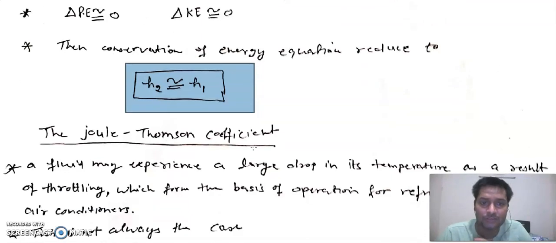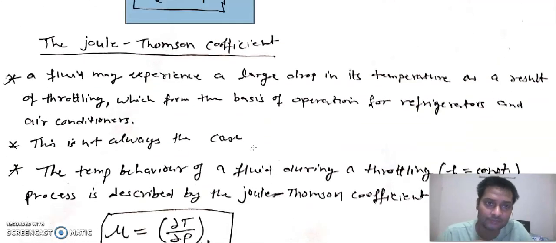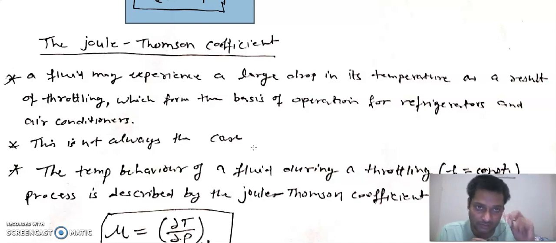Now the Joule-Thomson coefficient. We know that in devices like a refrigerator or air conditioner, the mechanism of cooling is that the fluid is passed through a throttling device which causes a significant temperature drop, and this is the main mechanism of cooling in these devices.